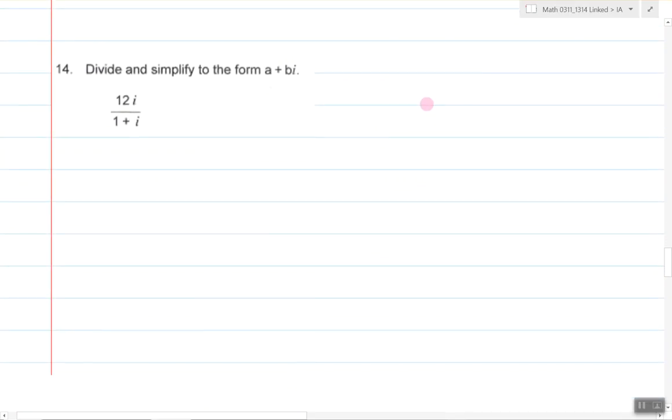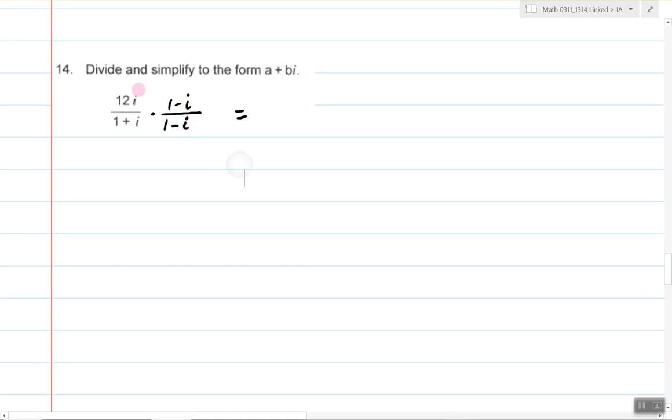All right, let's do another division. Remember, what is our process? We rationalize the denominator, multiplying by 1 minus i over 1 minus i. Because we have 1 minus i over itself, we really have the number 1, and it is the conjugate of the denominator.